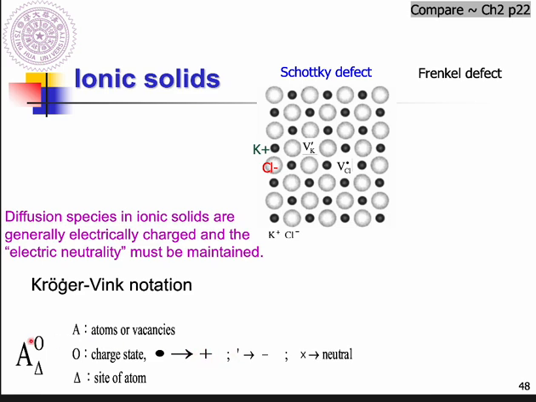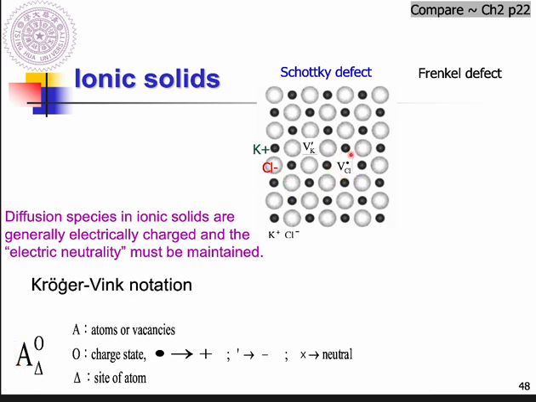If it is a negative charge, we use a prime to represent the negative charge. And if it's neutral, then we use X to represent neutral. On your lower right corner is the site, where this atom or this vacancy is.